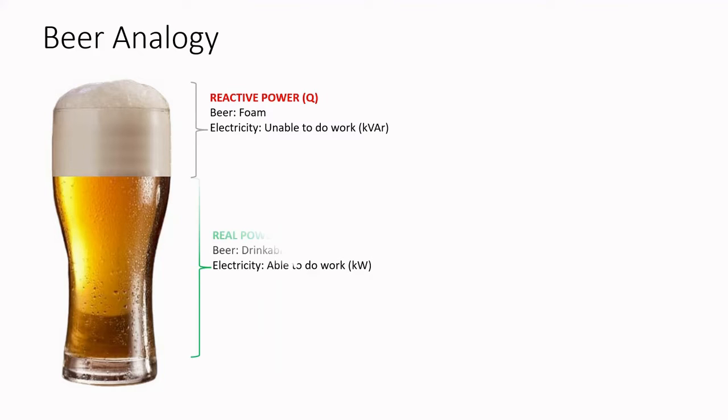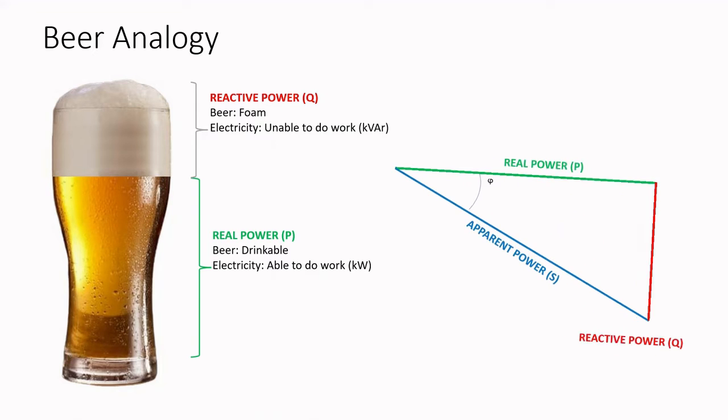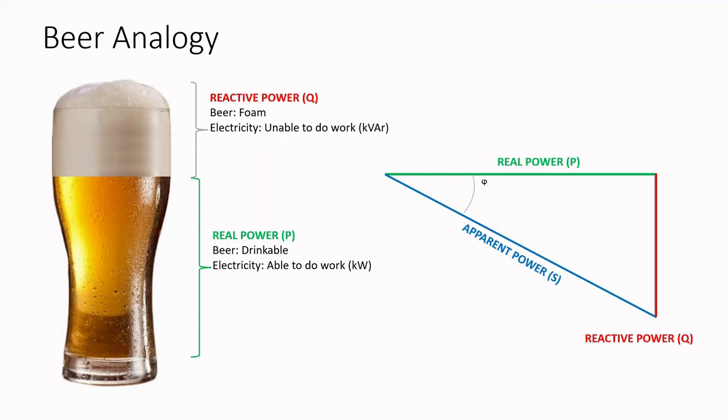Similarly, with the current setting and comparing it with our power triangle on the right, we can see that the apparent power is at an angle to the real power. Reactive power in most cases does not generate revenue as utilities pay for only real power and not reactive power.